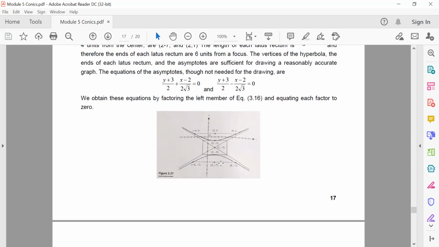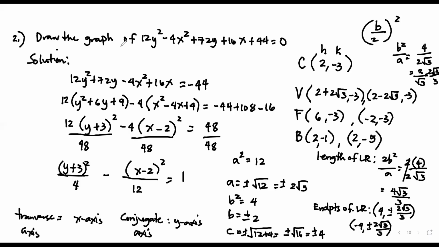Those points earlier, class, just plot the points.